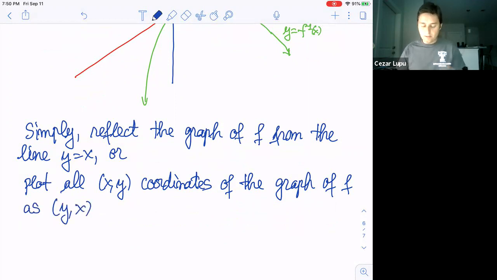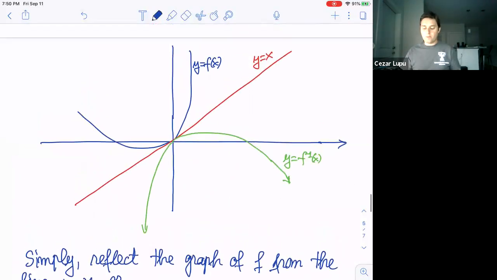So we're just going to interchange the two. We interchange xy coordinates for each point on the graph. So that's what we're doing. Anyway, that's the picture you have to remember. They're symmetric towards the first bisector.